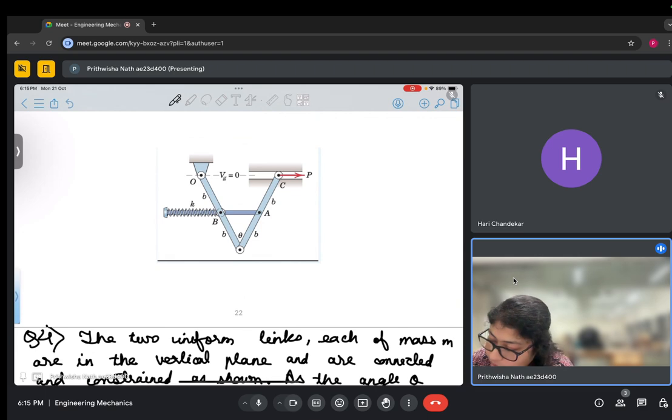From this figure, what can we write x as? X can be written as 2b sine theta by 2, right?